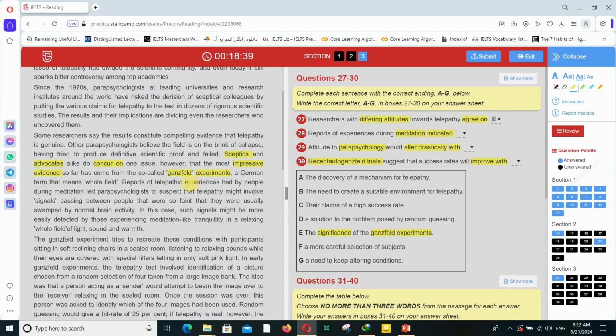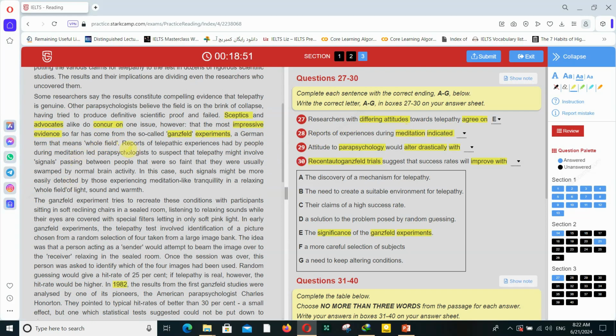Okay? Now, probably you are going to find the next question, meditation indicated. Try to focus on these keywords. A German term that means whole field. Reports of telepathic experiences had by people during meditation led parapsychologists to suspect that telepathy might involve signals passing between people that were so faint that they were usually swamped by normal brain activity.